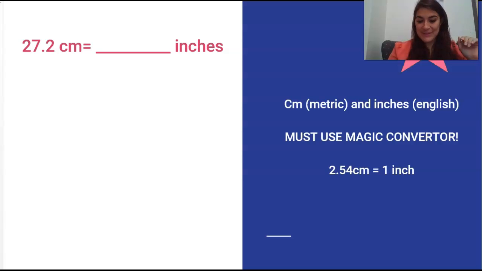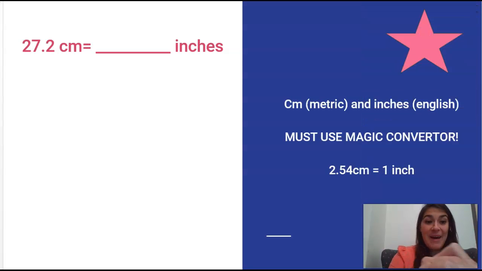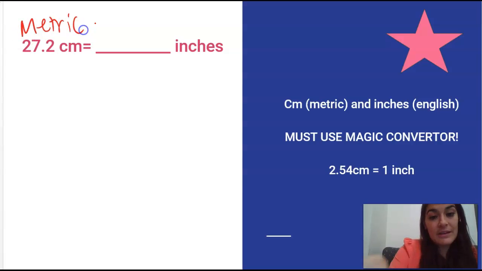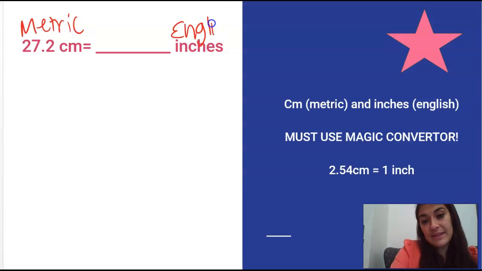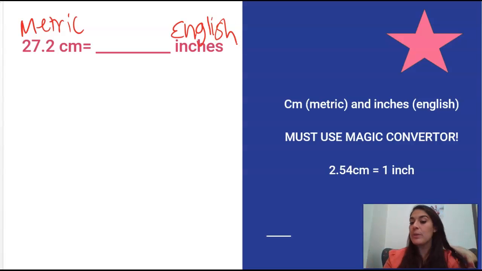So this one gets a little special attention because it has our super confusing, super special going between metric and English, right? So it's not that perfect like centimeter to kilometer, yay, all metric. No, now we are going in between units from 2 different scales.